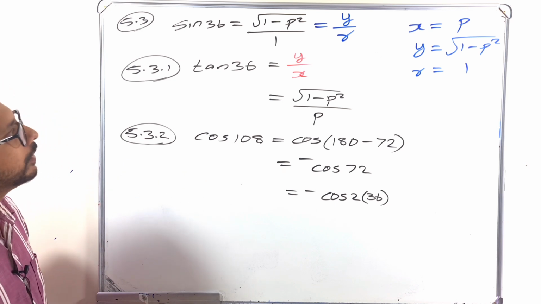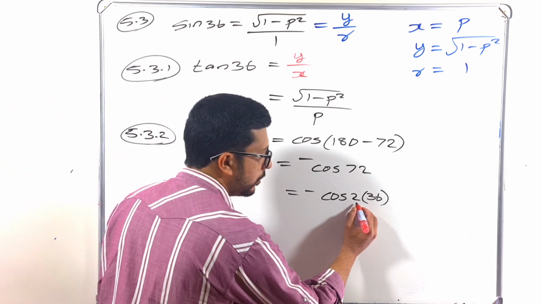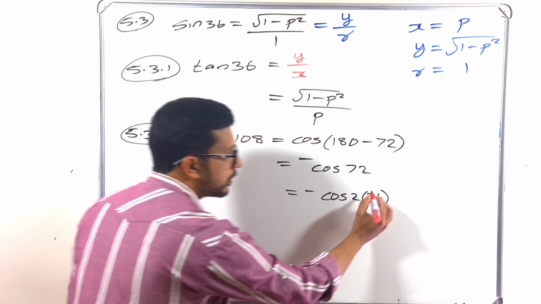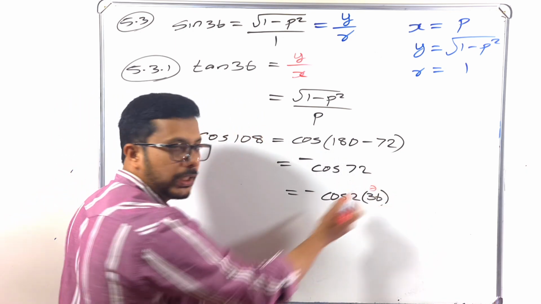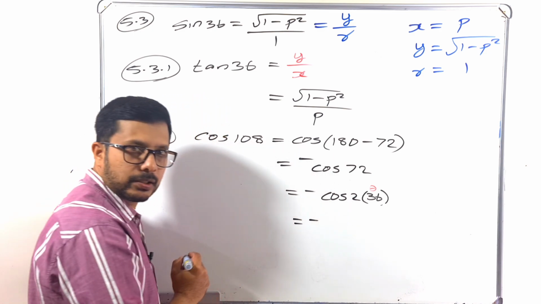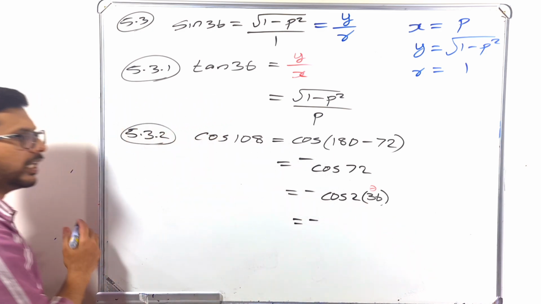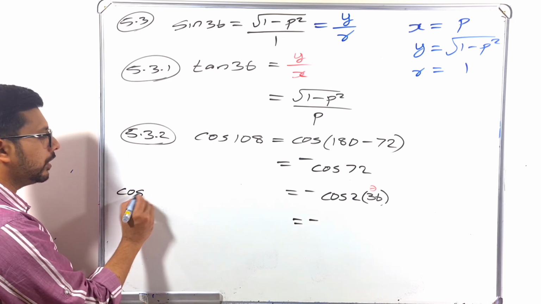So here, what is this? It is a double angle, is it not so? 2 times 36. If I consider this as theta, so cos of 2 theta. First of all I'm going to write this minus, then this is cos 2 theta. Any formula you can write, so you just want to check which one is easy.